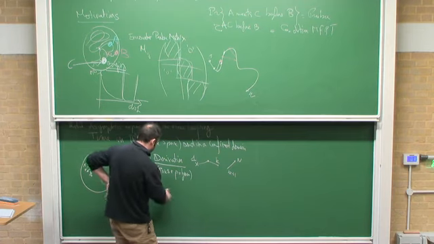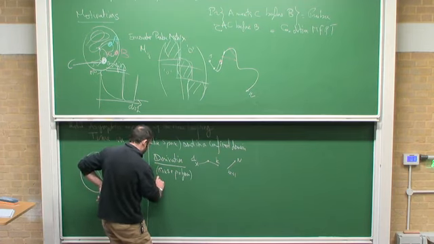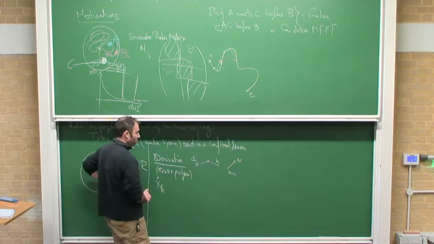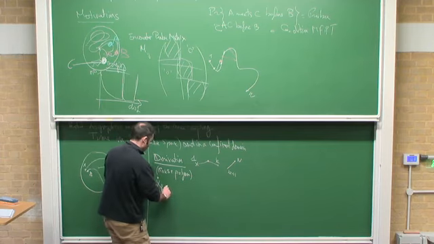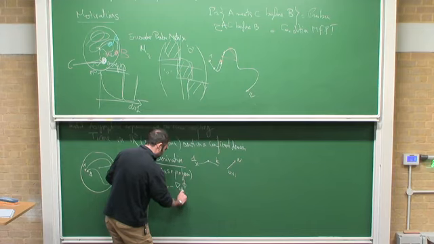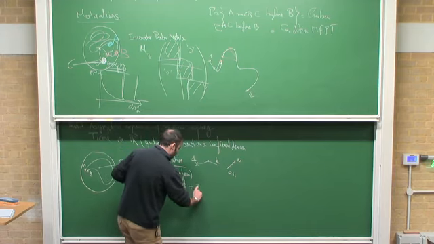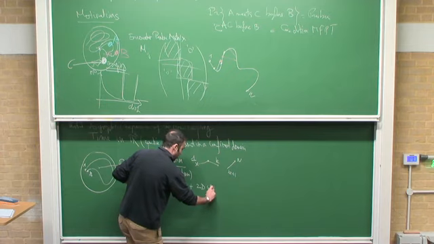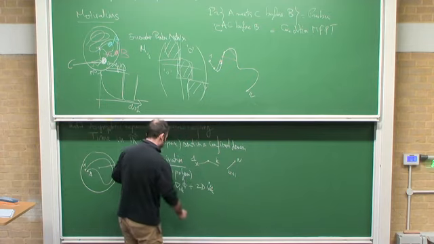The motion, the Smoluchowski limit of the motion, is just minus the gradient of the potential phi with respect to x_k, plus sqrt(2D) dw_k, where D is the diffusion coefficient and this is the noise.